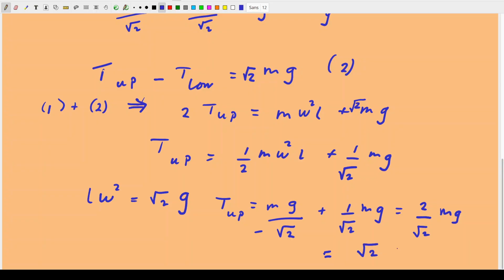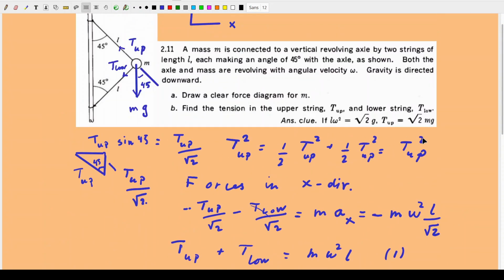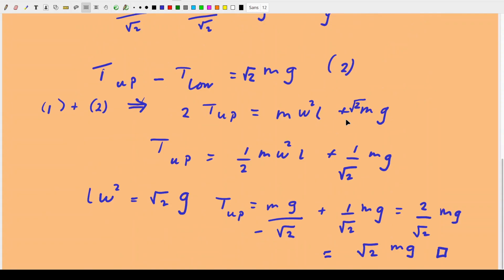Square root 2 mg. And this is exactly what we had in the problem text, what we should get. So you can see here, T up should be square root 2 mg if that condition is fulfilled.